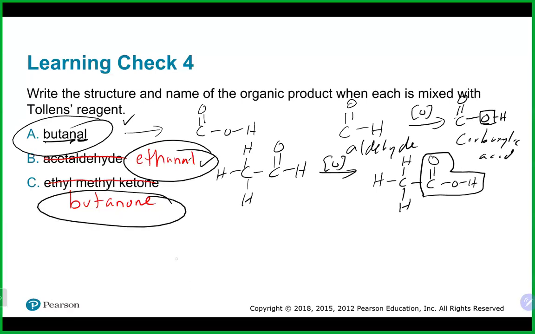That is a ketone, and that is this guy, basically the functional group. This will not get oxidized, and it will not go through oxidation to a carboxylic acid. So this should be a negative test in this case. So you won't get an actual product in this case. Any questions on that one there?